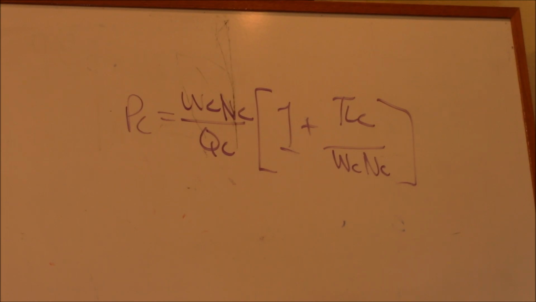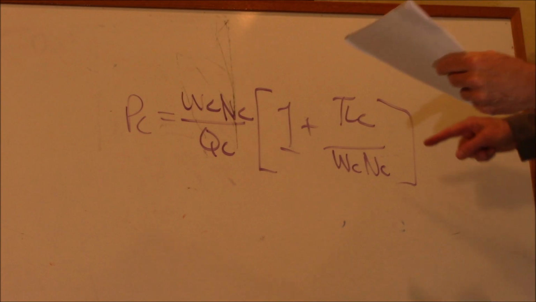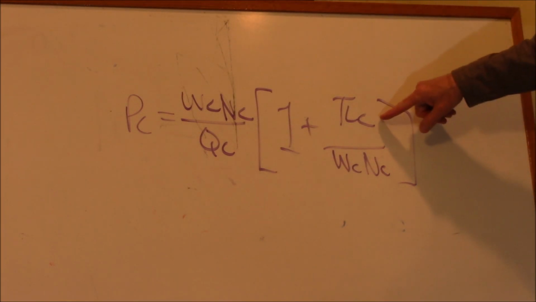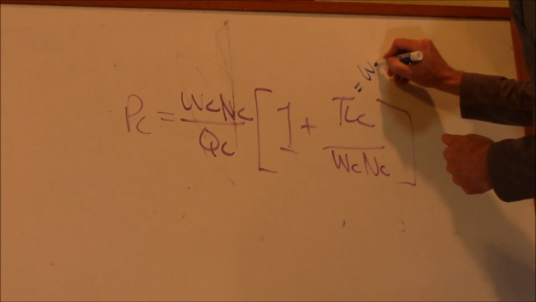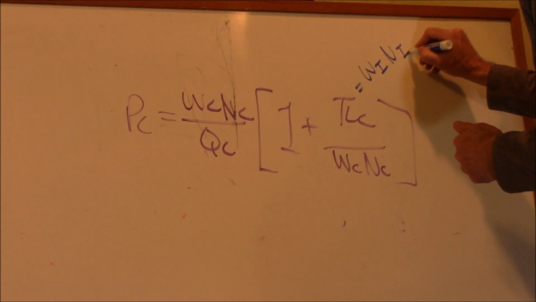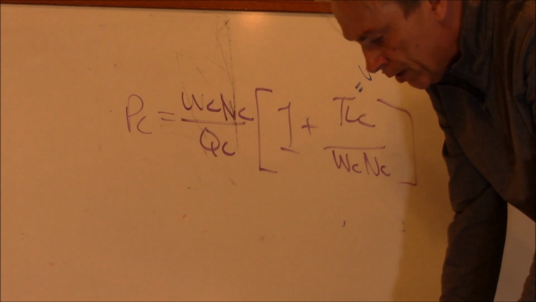An investment-led expansion is more likely to be inflationary because it puts upward pressure on the markup, since the numerator is equal to the wage bill in the investment sector. Remember, that's the same thing as total wages in the investment sector.